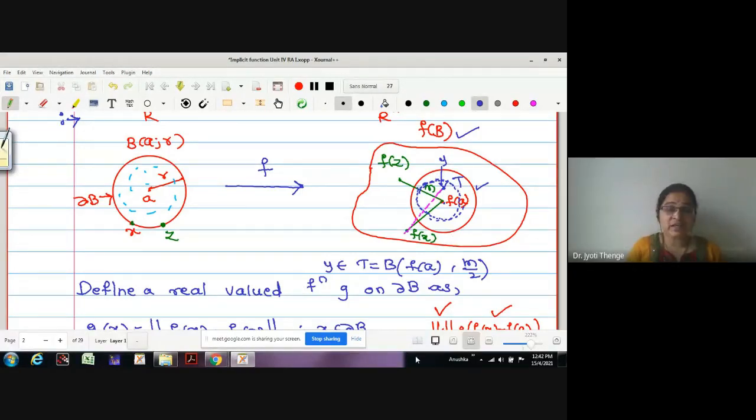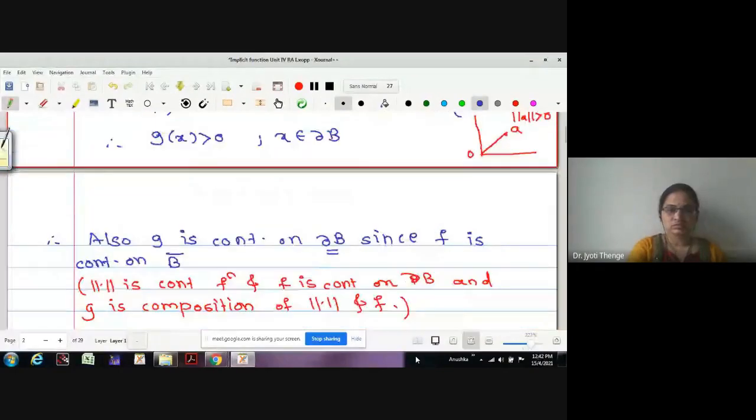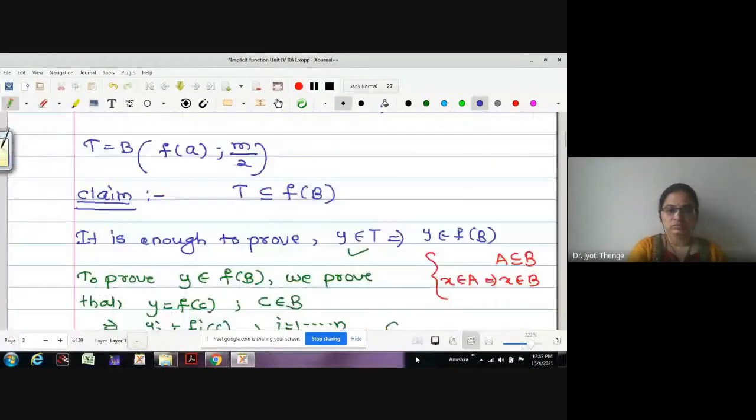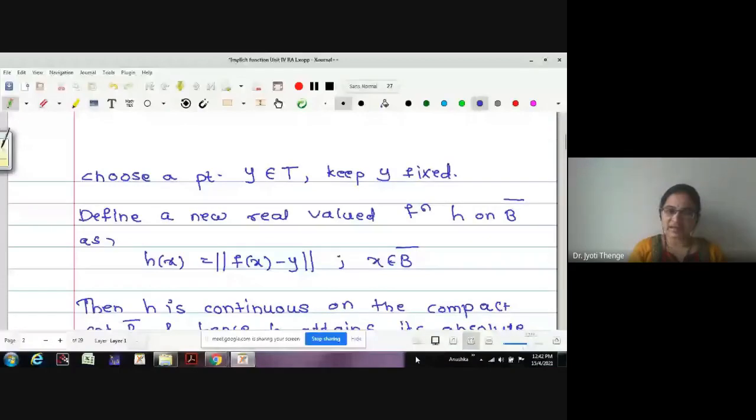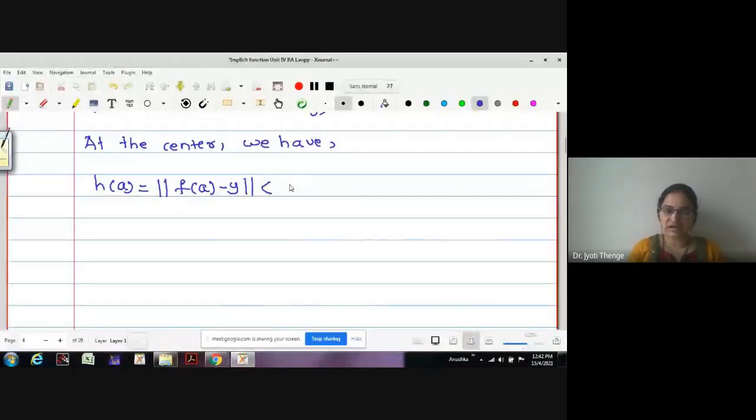Inside, it is less than m by 2. So I write it like this, less than m by 2. What is the reason? Since y is in T, and T itself is a ball with radius m by 2. Therefore, at the center we have found the value.